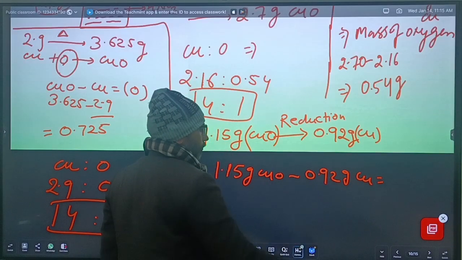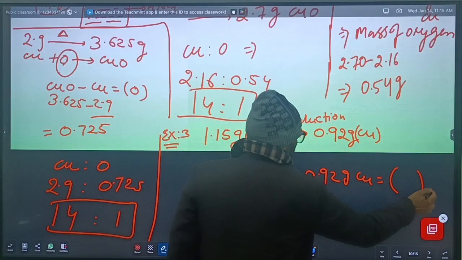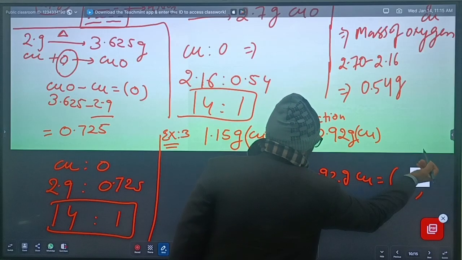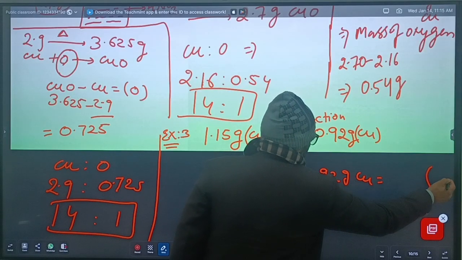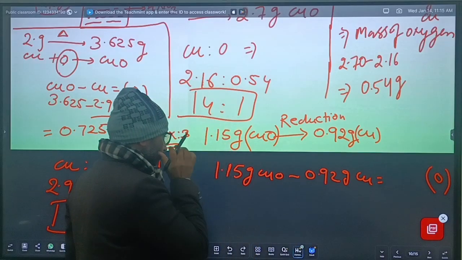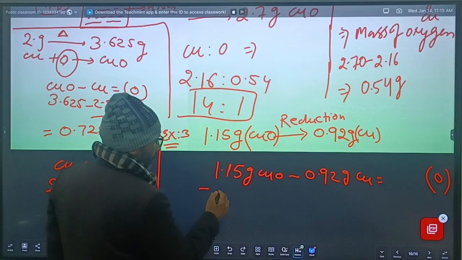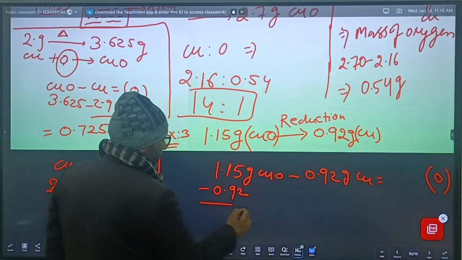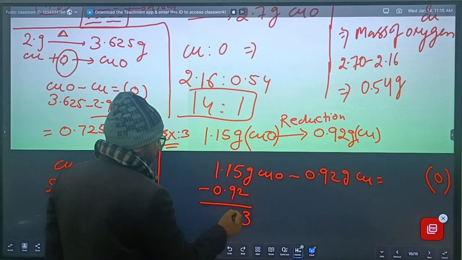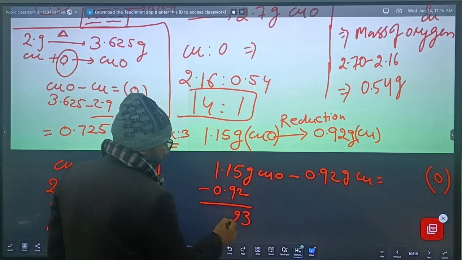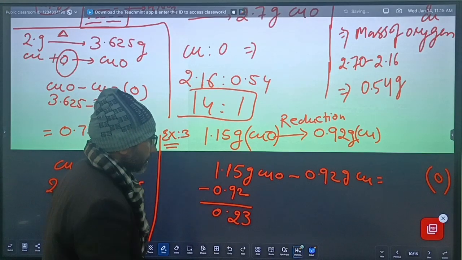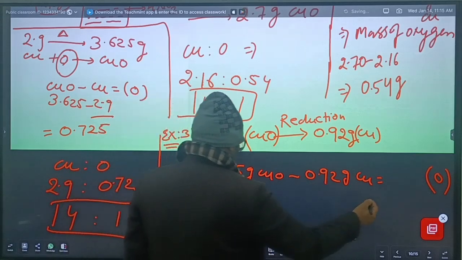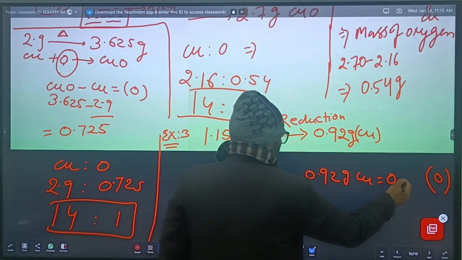This gives the mass of oxygen. What is the mass of oxygen? Let us subtract. Mass of oxygen comes out 0.23.